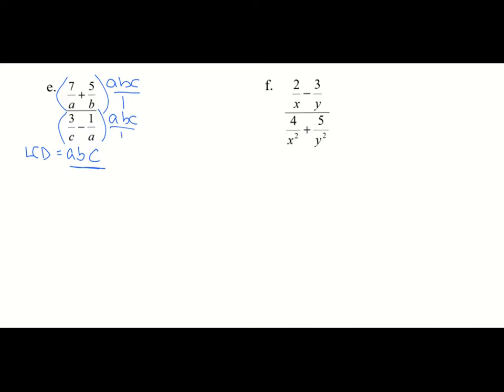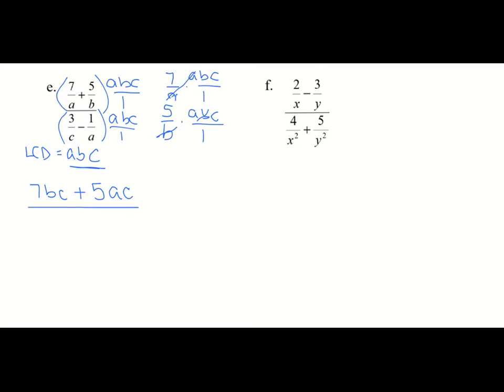So, when I do 7A times ABC over 1, my A's will cancel, and it'll leave me with 7BC. We'll keep our plus sign. When I do 5B times ABC over 1, my B's will cancel, and it leaves me with 5AC all over.